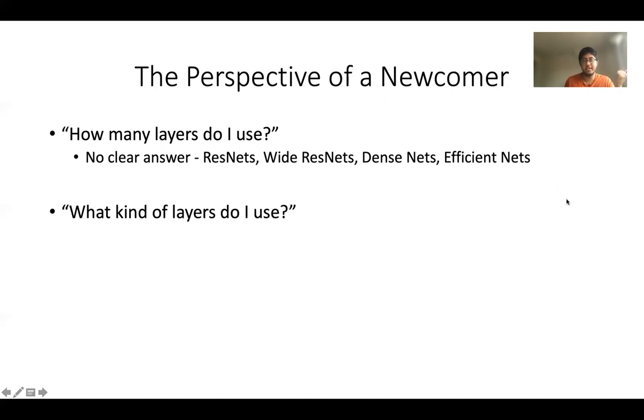On the other hand, if you want to answer this question, what kind of layers do I use? First of all, you would think, okay, it's a convolutional network. I feel convolutions will be very, very good for images. Actually, even that fundamental choice of convolution, it's still unclear whether that is the best thing to do, let alone use things like batch norm or dropout.